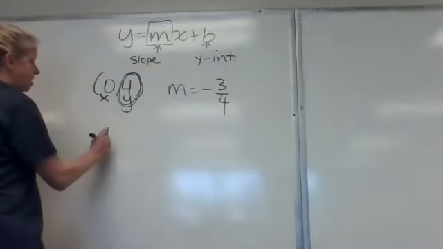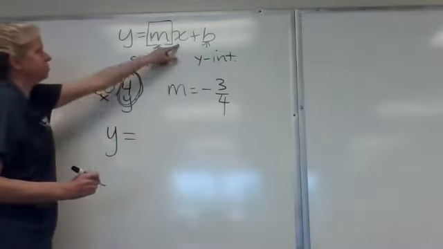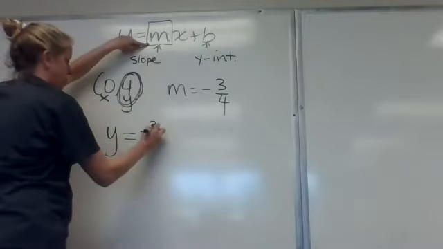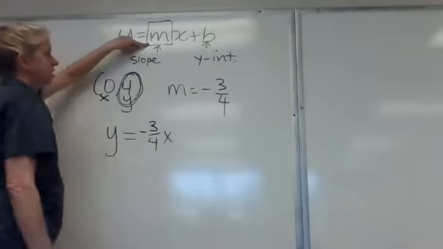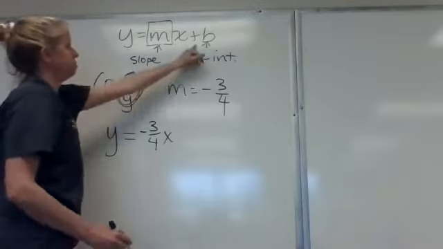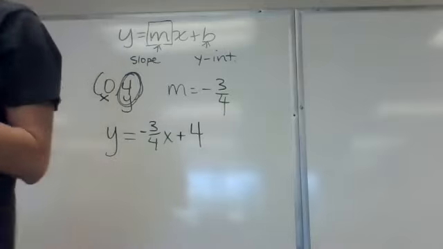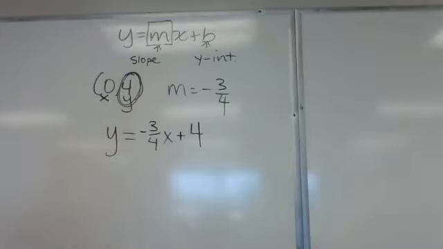So if I wrote this out, I'd have y equals, put this number in place of my slope, so negative 3/4 x. Put this number in place of my y-intercept, so plus 4. Which is A if you're looking at the multiple choice.